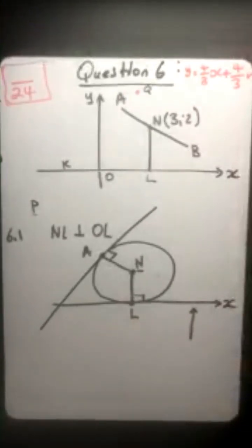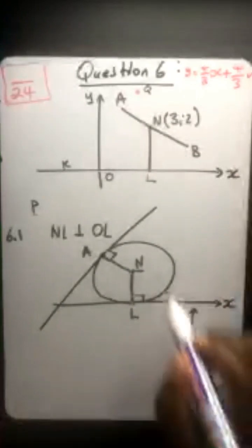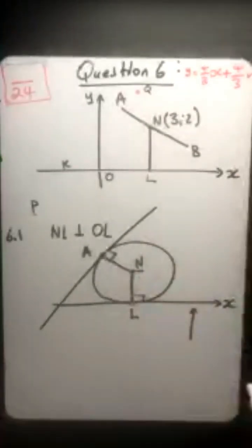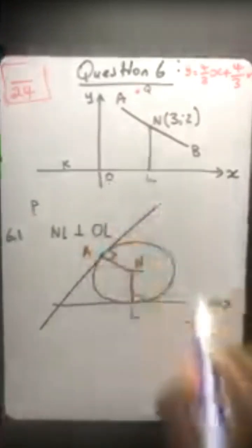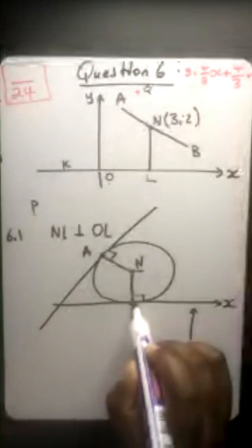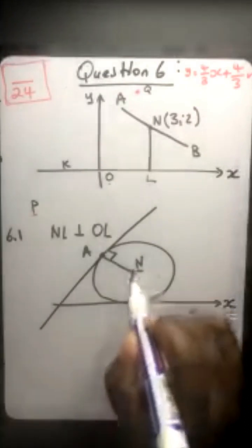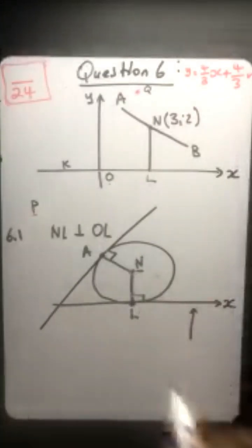That is why you can say the radius NL is the radius of that circle, and it's perpendicular to the tangent. What is the tangent? OL, being the x-axis at this point of contact. So that's how you explain why that line is perpendicular to that line.